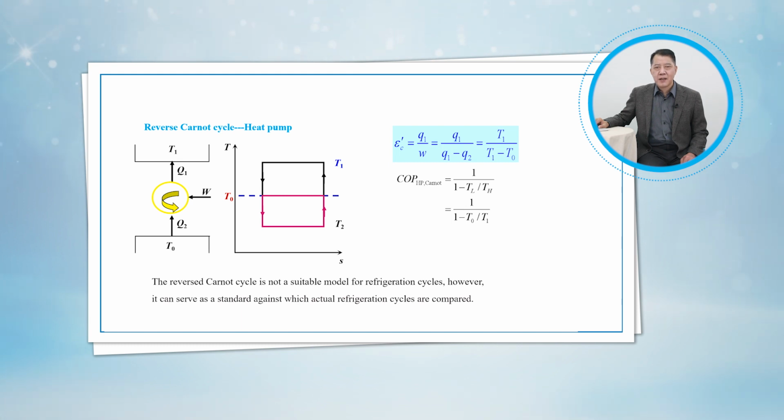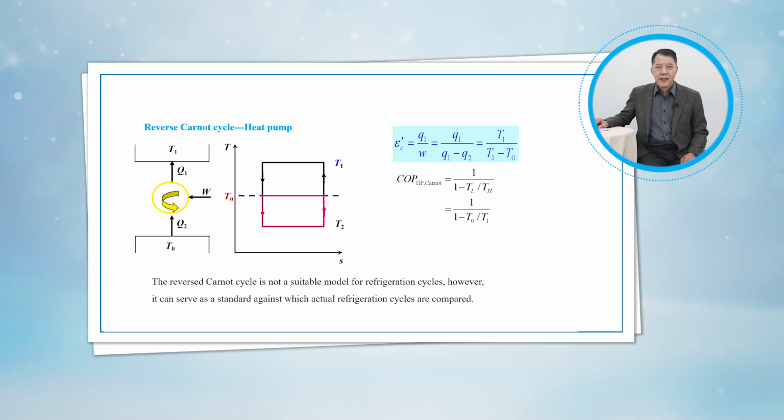This is because process 1-2 involves the compression of a liquid-vapor mixture, which requires a compressor that will handle two phases, and process 3-4 involves the expansion of high moisture content refrigerant in a turbine.